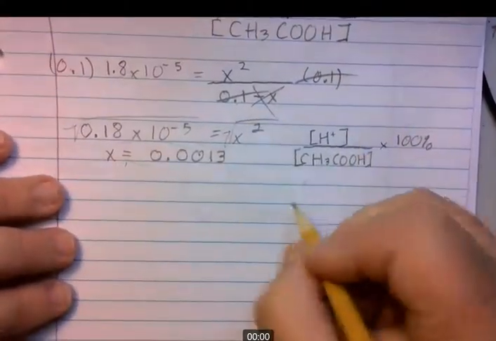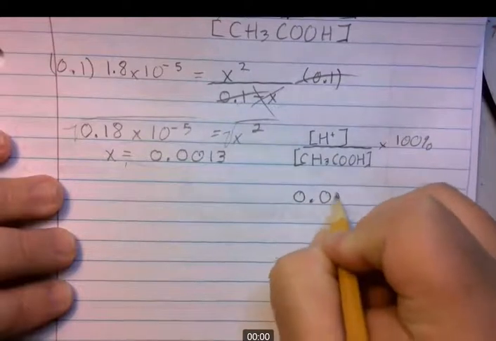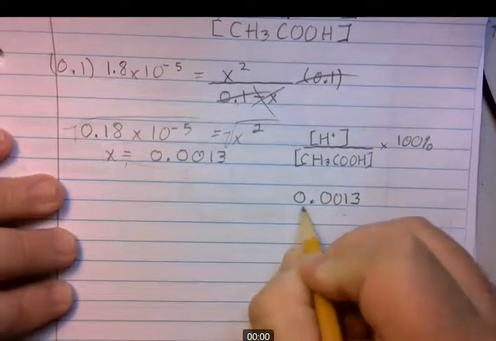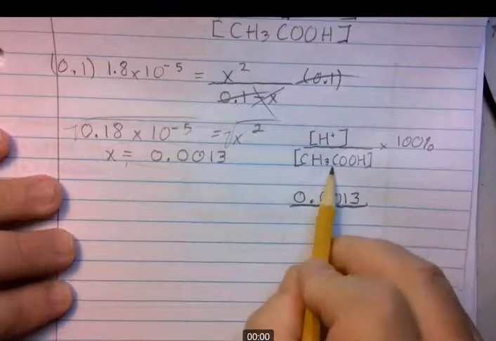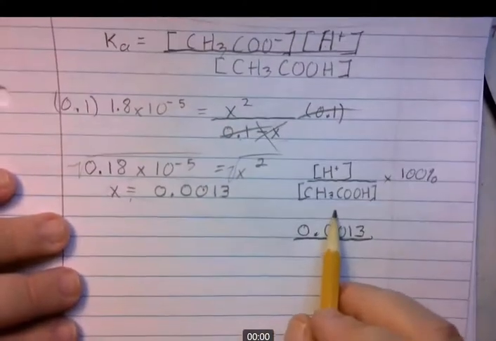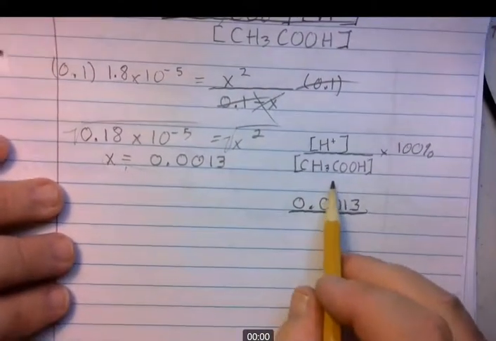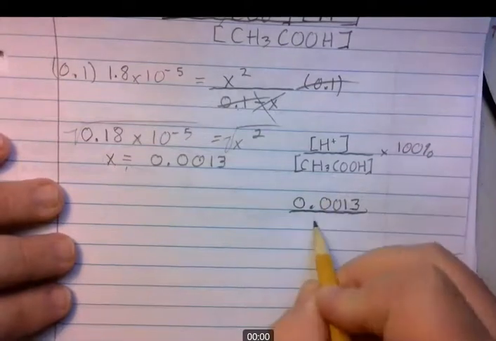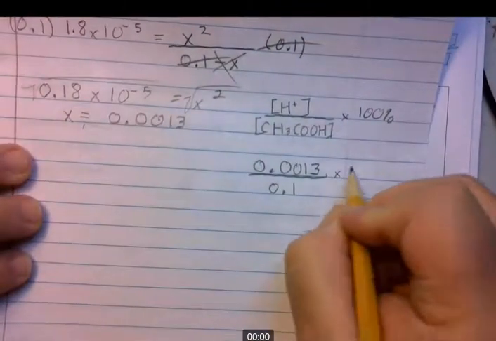So that is going to be 0.0013 over the initial concentration. Be careful here, it wasn't 1, it was 0.1. 0.1 molar was the initial concentration. So it's 0.1, again, that's back up here, that number right there, times 100%.